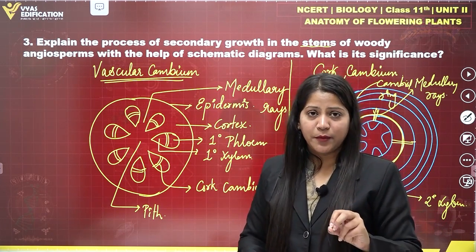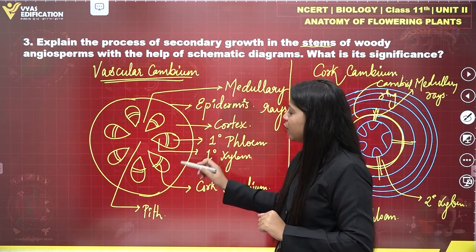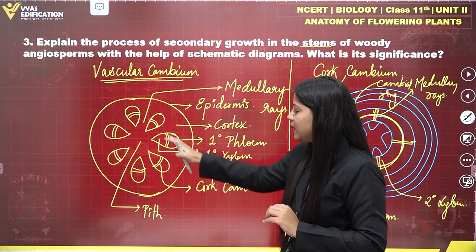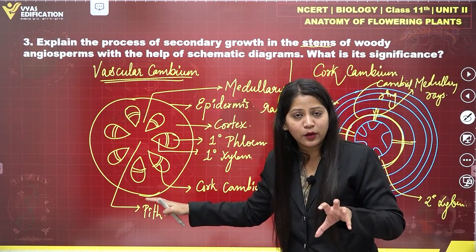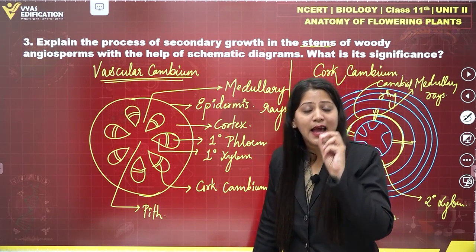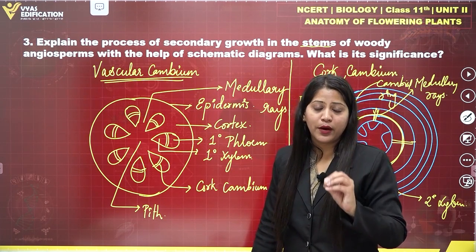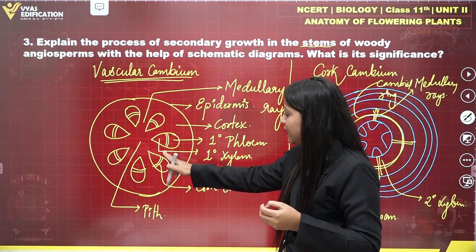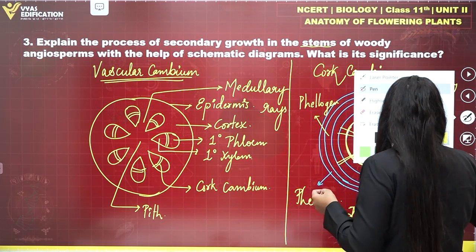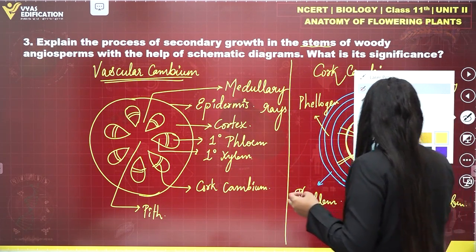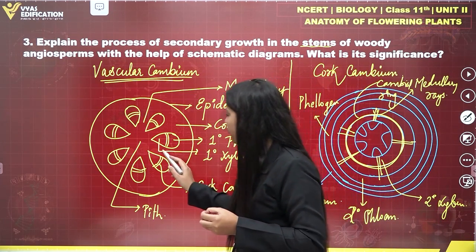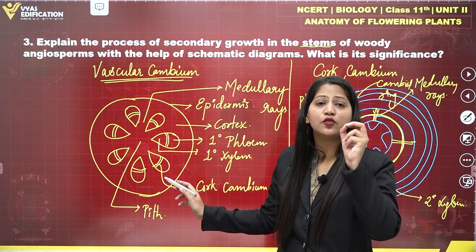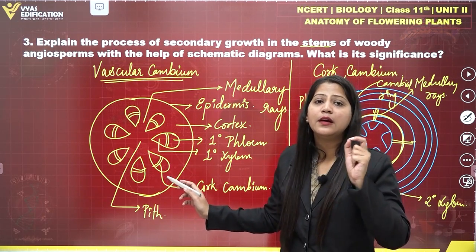Now, here you can see the cells present between the bundles are known as medullary rays. These cells of medullary rays are going to form another kind of strip between these bundles, known as interfascicular strip.